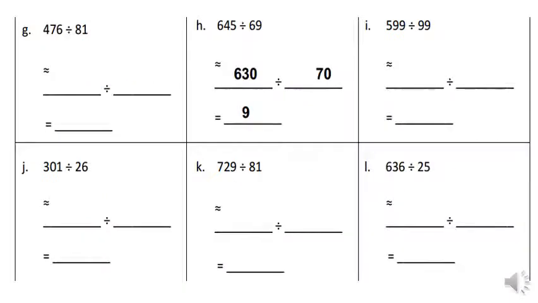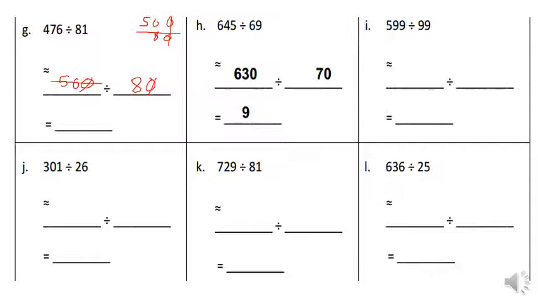G. So we're going to take our divisor to 80. Our dividend is closer to 500. So when I line them up, 500 over 80, take them out, I've got 50 divided by 8. Once again, this here is not a compatible number.